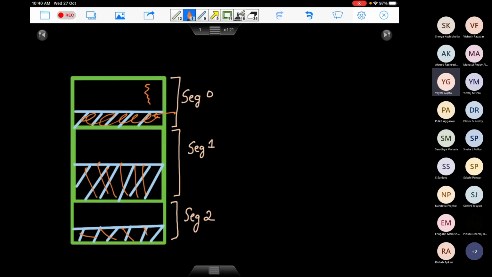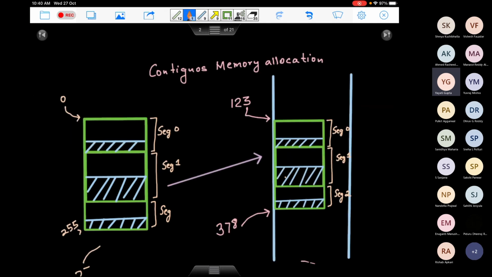Now, looking at how we are going to do memory management, how we are going to put this process into memory, our first approach was contiguous memory allocation. In this case, what happened? Assume that this process is of 256 bytes.